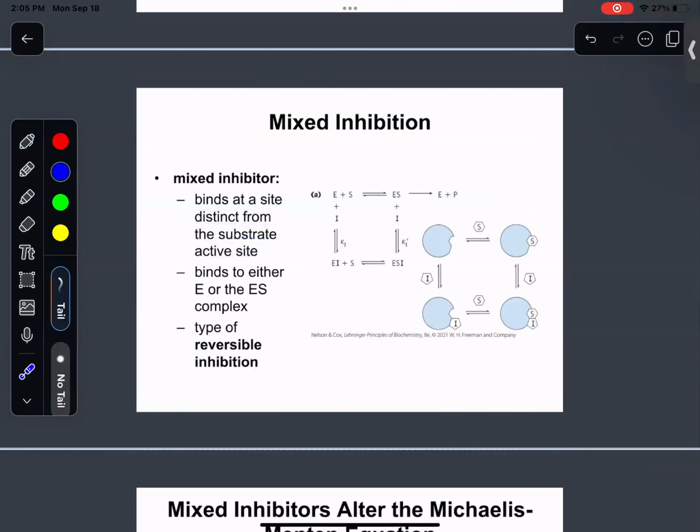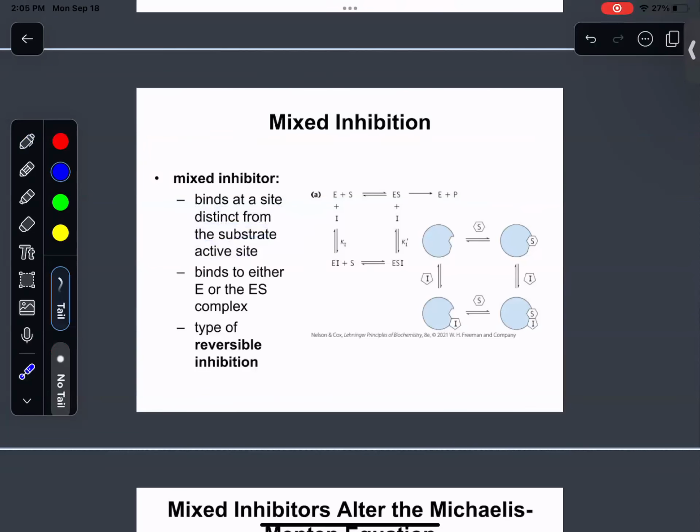So if you're looking at an equation and you see two alphas, you're looking at a mixed inhibitor. If you see alpha and alpha prime, you're looking at a mixed inhibitor.